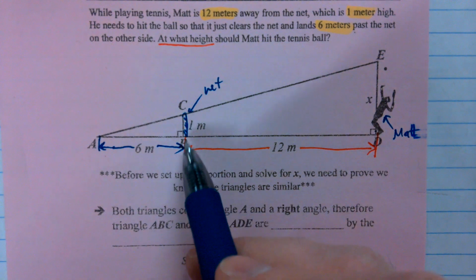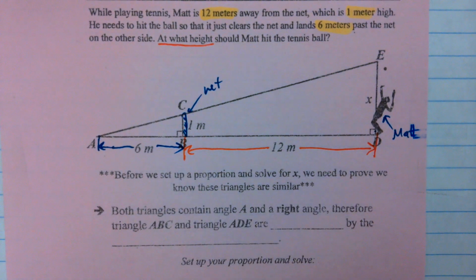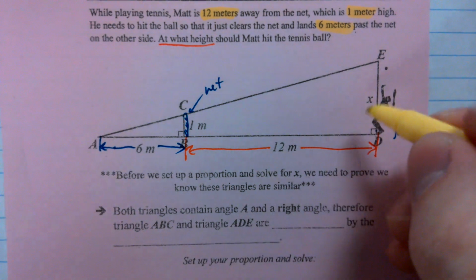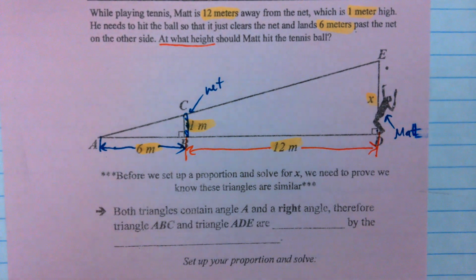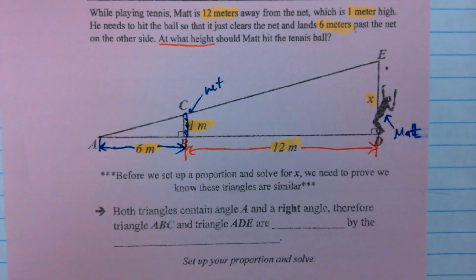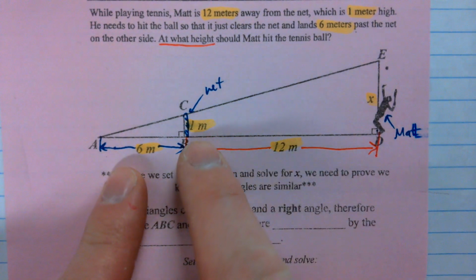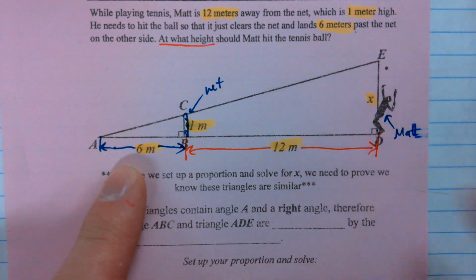The net itself is 1 meter high. We need to figure out how high this tennis ball needs to be before Matt hits it. So we have 3 numbers. We've got a 6, a 12, a 1, and we've got an unknown, an x.